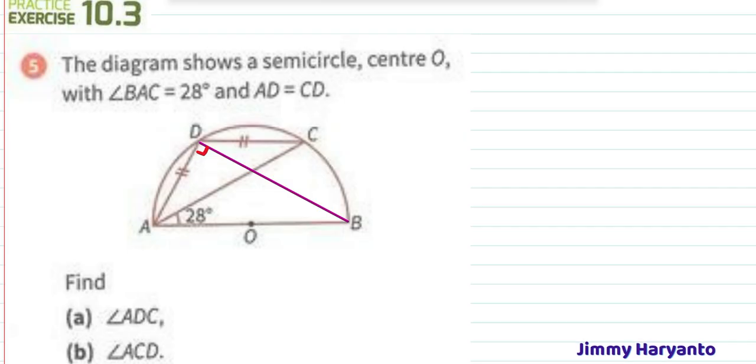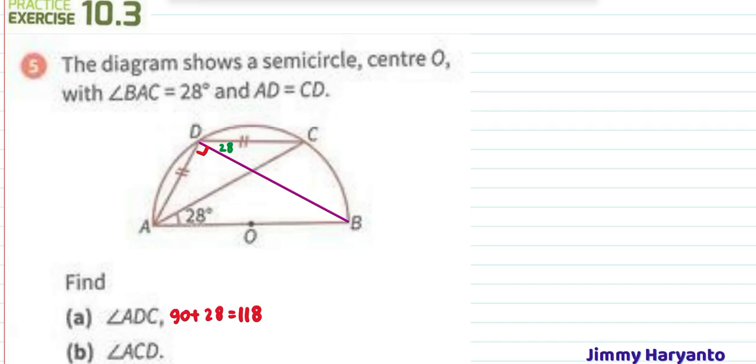And then this is the circumference angle facing CB, and also I have another one facing CB. That means the angle will be the same. So this one is 28. The question wants you to find ADC. We already have ADC. ADC is 90 plus 28 equals 118.